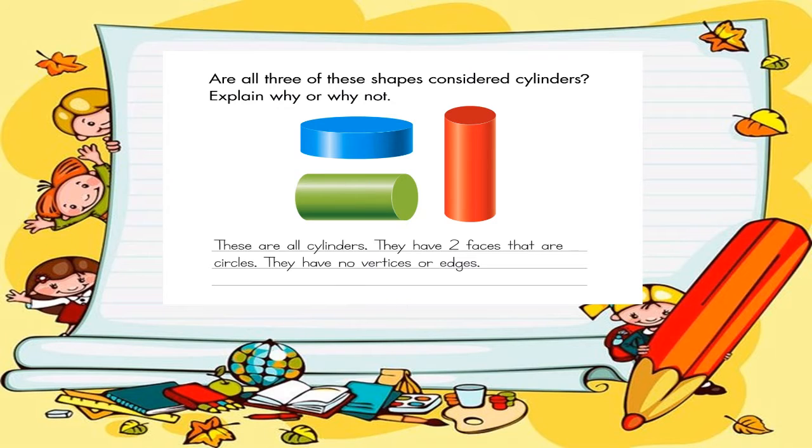Listen and look for other students who explain that the figures are all the same kind of shape, a cylinder, because they each have two faces that are circles with no vertices or edges. Some of these students may also point out that, although the shapes have different colors, sizes, and positions, they are all cylinders.